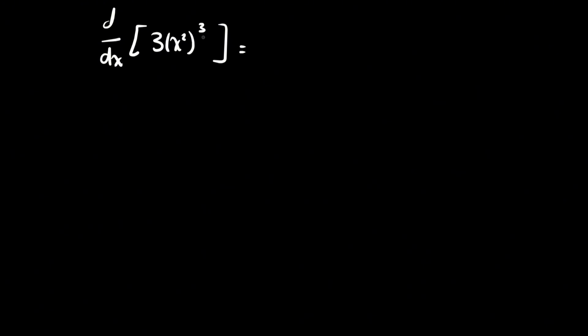So firstly, we're going to multiply the powers here and here. So it's going to be 3 multiplied by x to the power of 2 multiplied by 3. So it's 3x to the power of 6. Now in order to get the derivative of this, we're keeping this coefficient as it is.